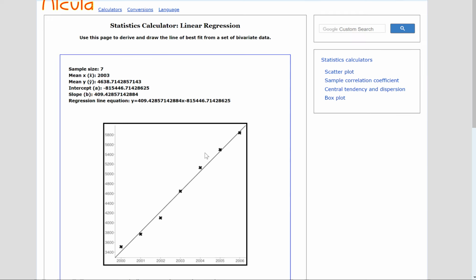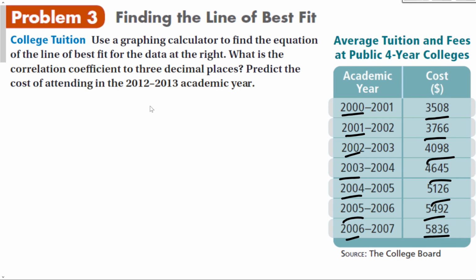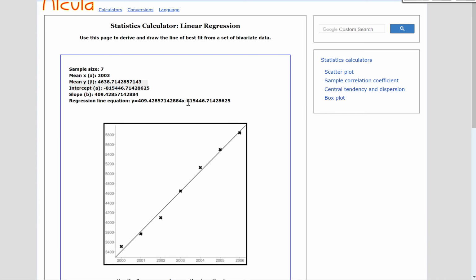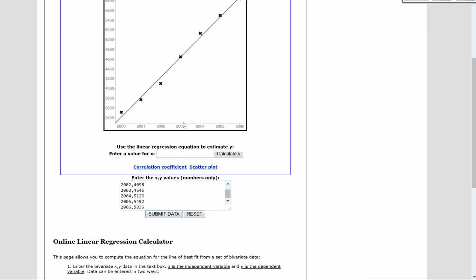So the question then asks for the cost of attending in 2012. Now that I have the equation right here, this calculator also lets me type in other data points. And it's going to cost about $8,300 to go to this particular school 6 years later.